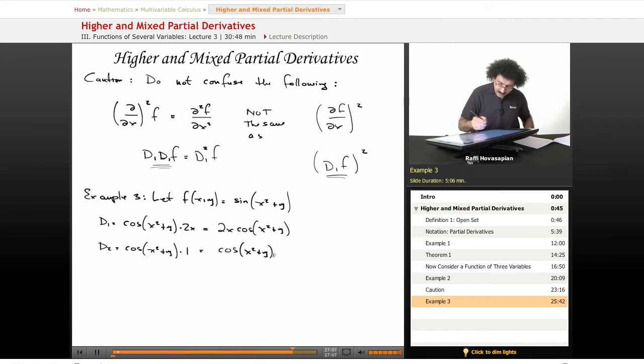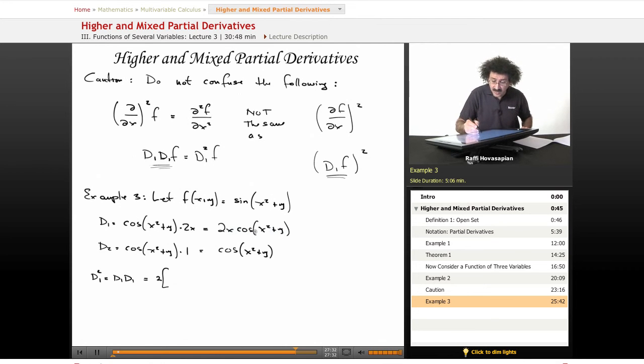Now, just for the heck of it, let's do d1 squared, which is the same as d1 of d1. We have d1 already. Now we're going to differentiate this with respect to x. I tend to pull my constants out, so I'm going to pull the 2 out, and it's going to be a product rule, x times the cosine of x squared plus y.